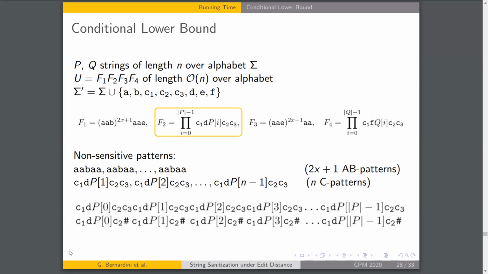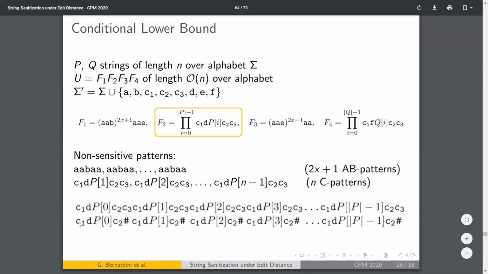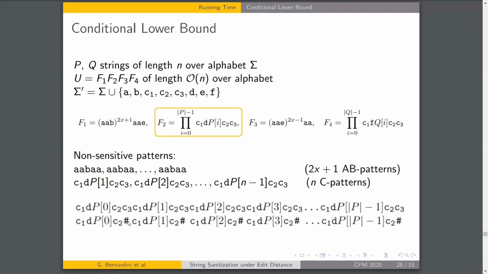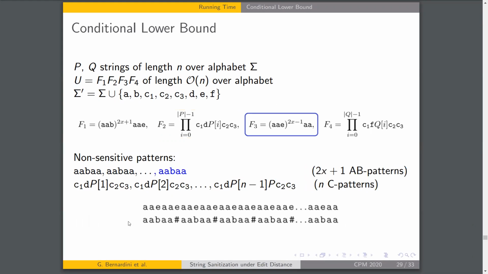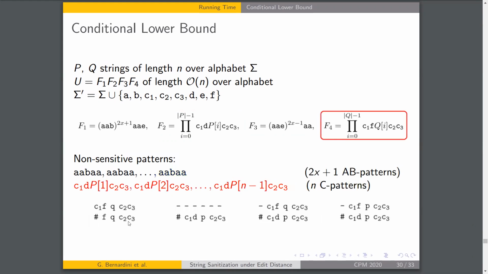Here our pattern length is 5, so we have at most 4 letters, and then we need this separating hash in order not to introduce any new patterns of length 5. Then we use the other XAB patterns to align with F3. And then the C patterns have to be aligned with F4 in this specific way.